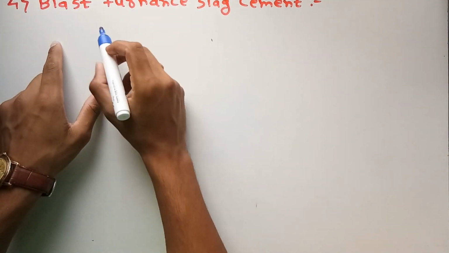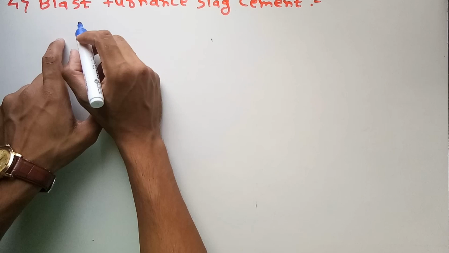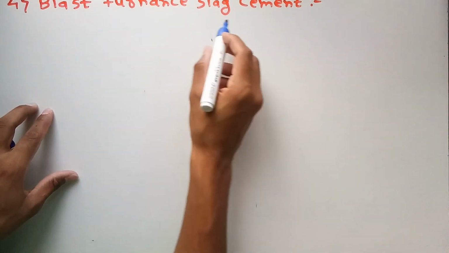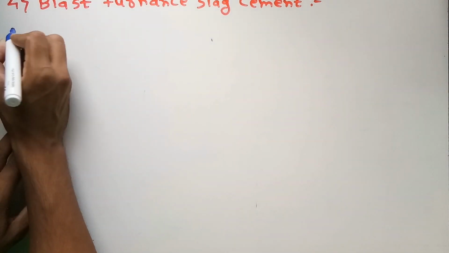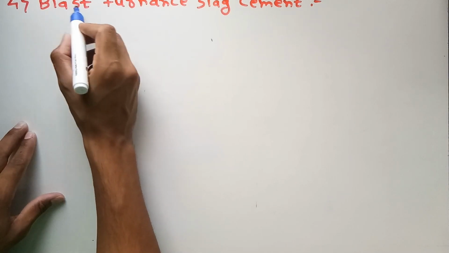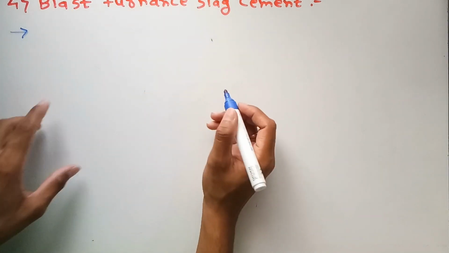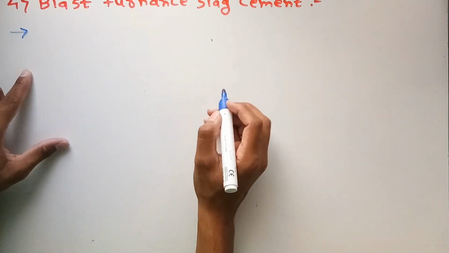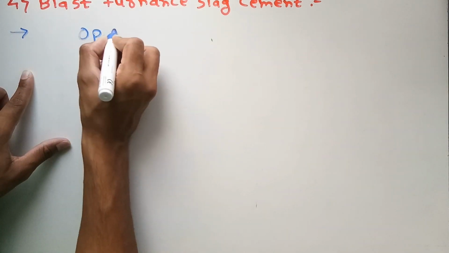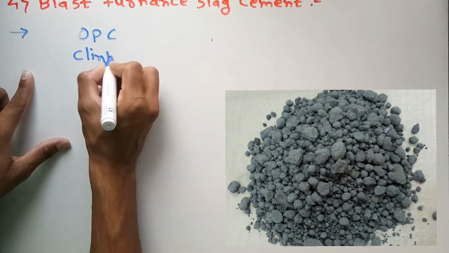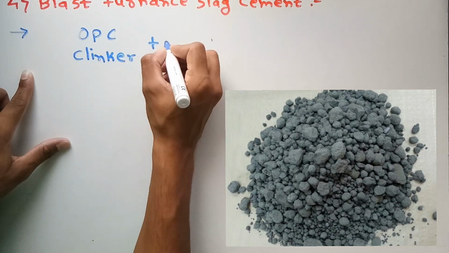Now we will move towards the next type. It is blast furnace slag cement. In the blast furnace slag cement, as its name indicates, the main ingredient used is blast furnace slag. So the basic proportion we keep to manufacture the blast furnace slag cement is OPC clinker along with the blast furnace slag.